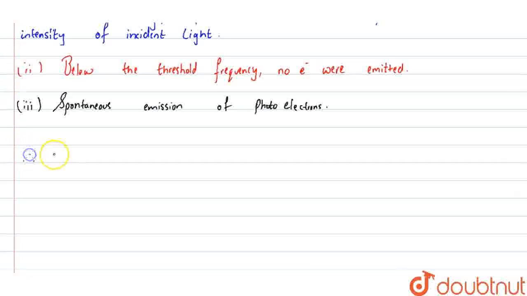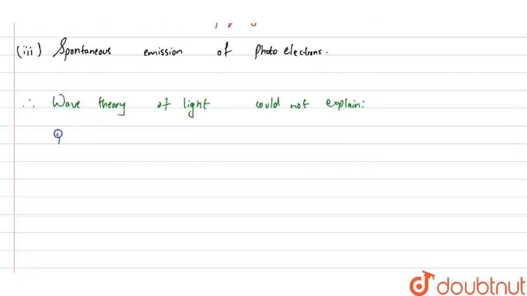Therefore, the wave theory of light could not explain, first, the kinetic energy of emitted electrons, because they could not explain how it was independent of the incident light.